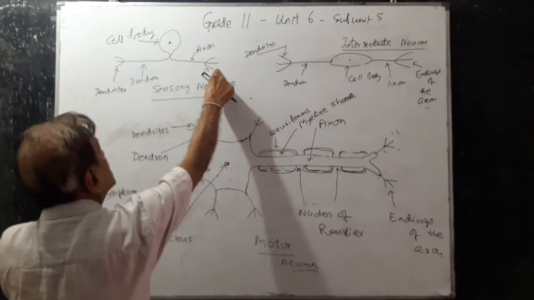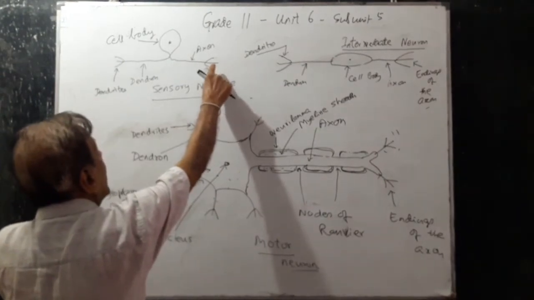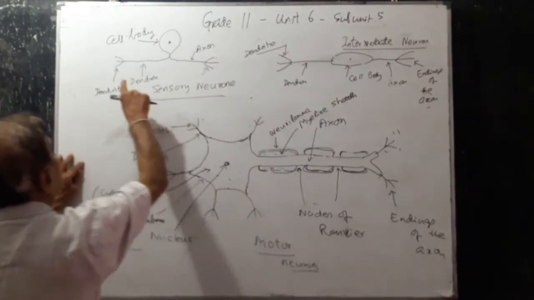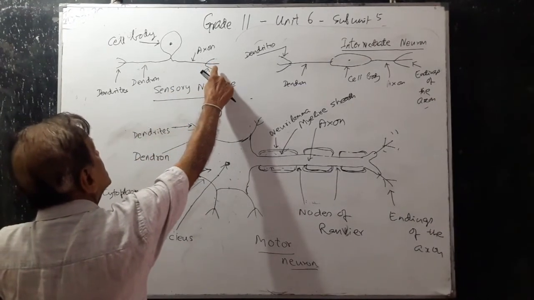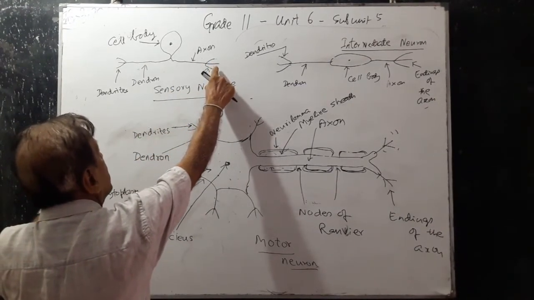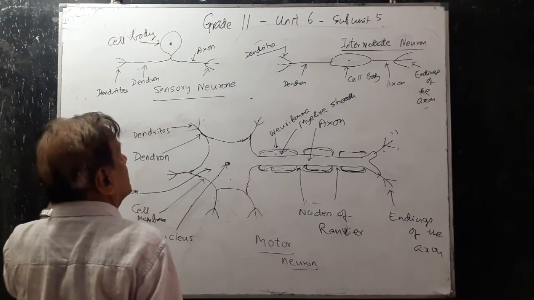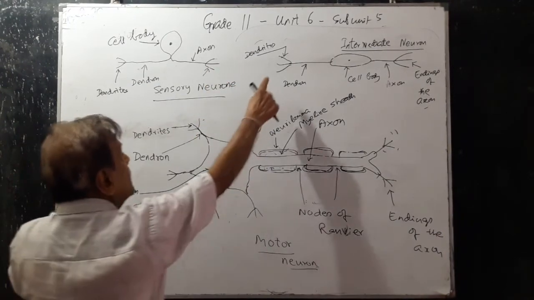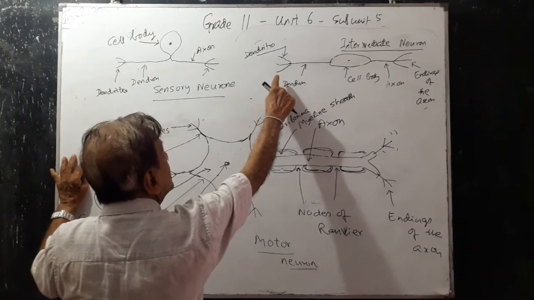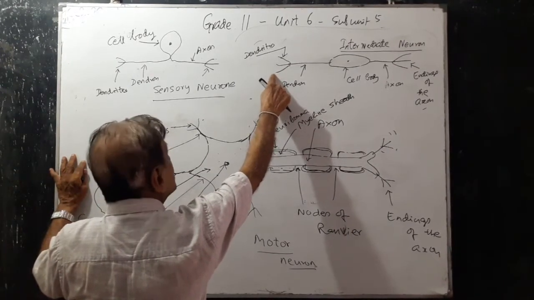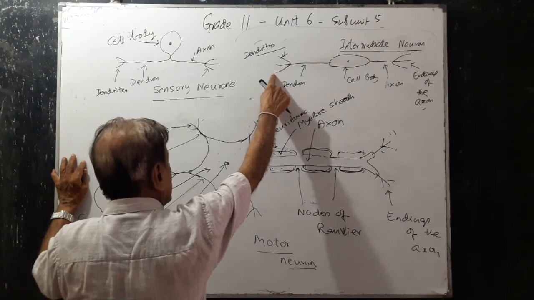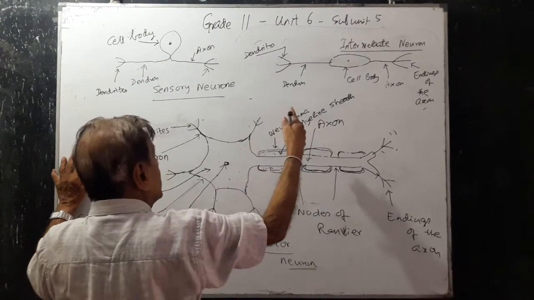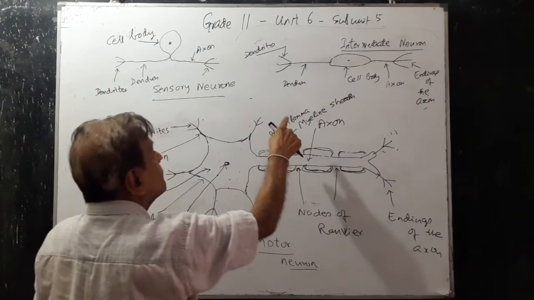Endings of the axons are present in the central nervous system. Dendrites of the intermediate neurons are also present in the central nervous system, in the brain or in the spinal cord.